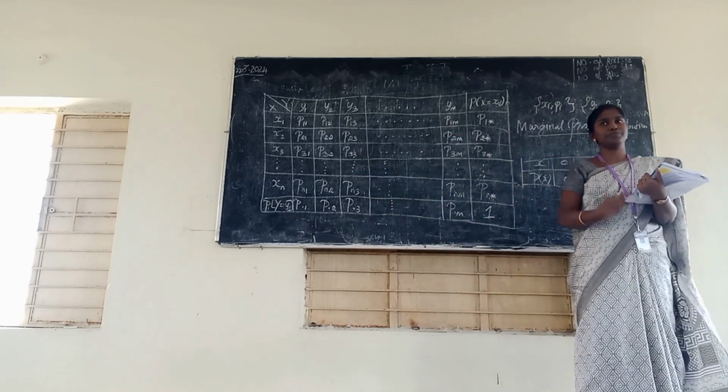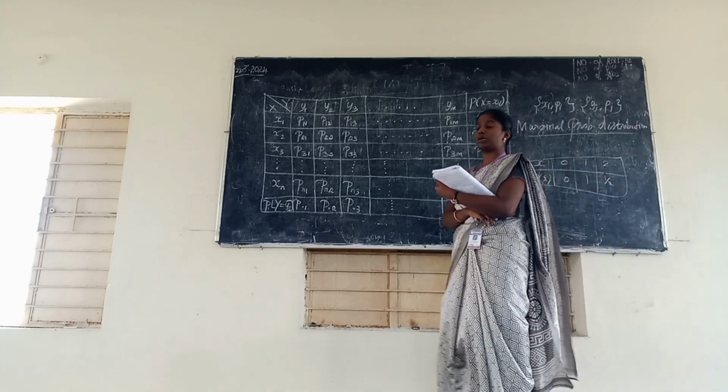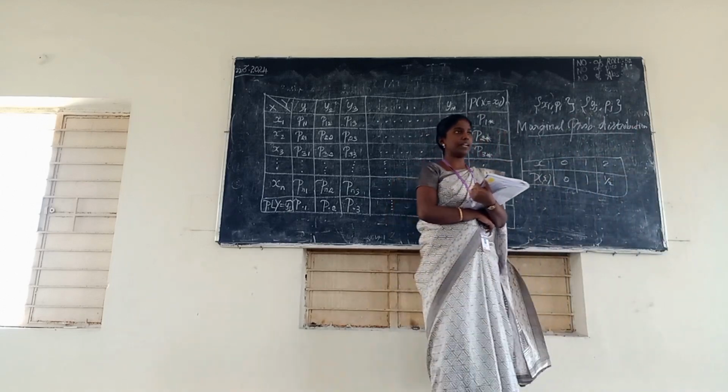Next definition. Independent random variables.